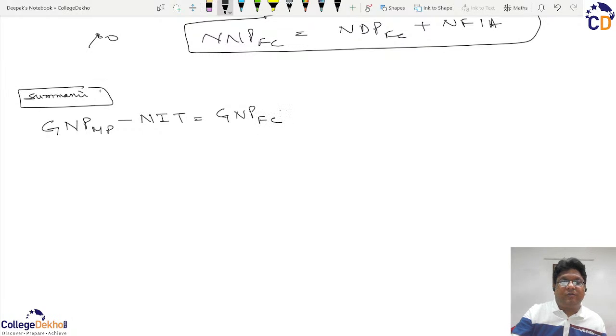From this GNPFC, if we subtract depreciation, we will arrive at the figure of NNPFC.